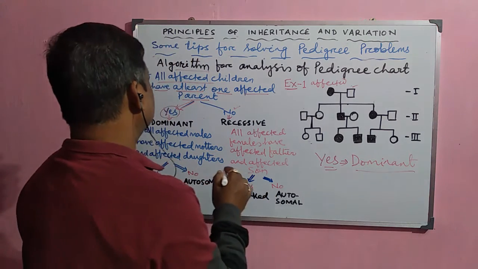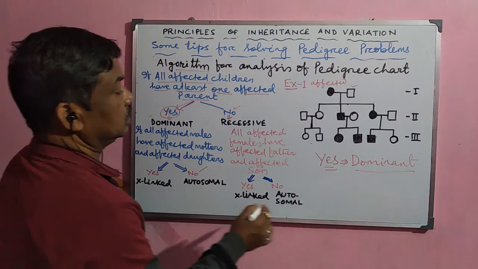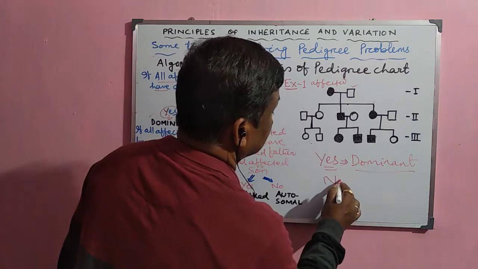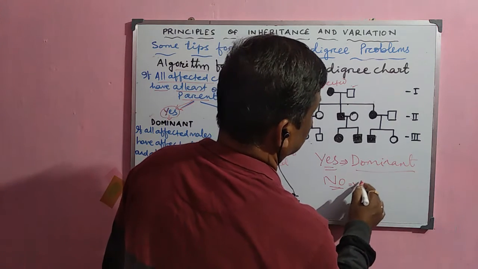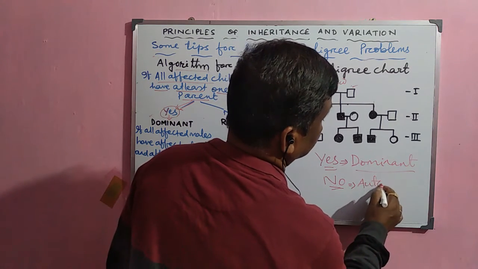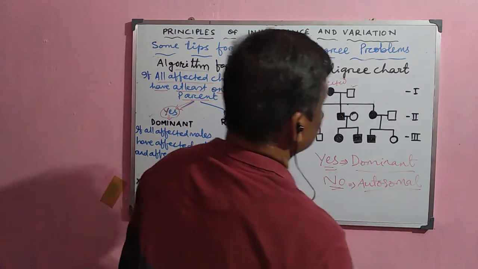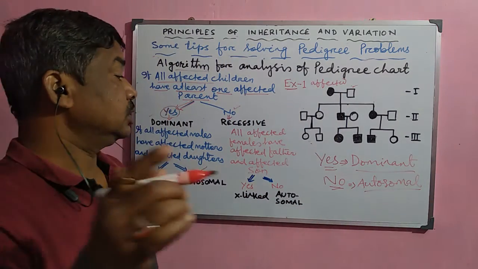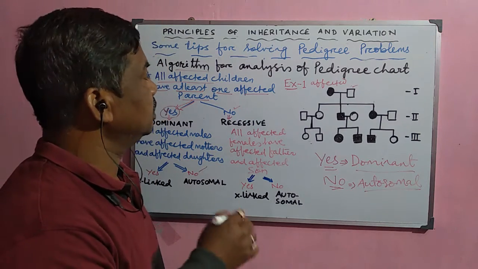So it is not always true. So here it is no. In the second case it is no. When it is no, it must be an autosomal case. So the gene present here is in the autosome and it is a dominant one.